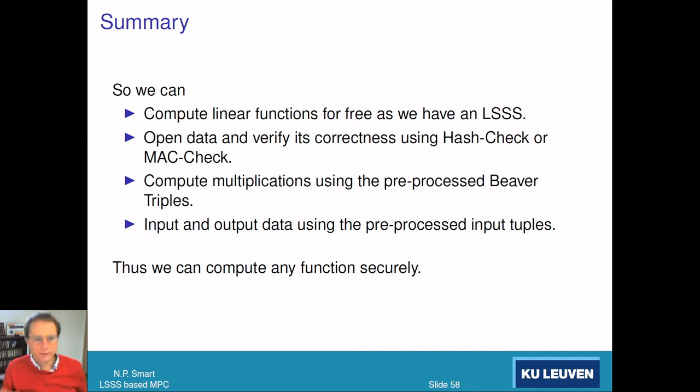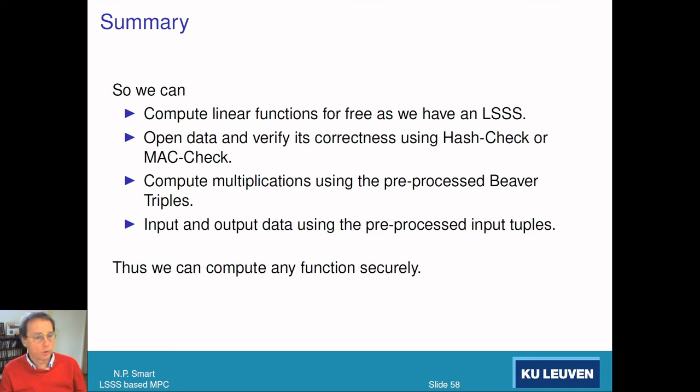So what are the things that we've done? We can compute linear functions for free, as we have a linear secret sharing scheme. We can open data and verify its correctness in all sorts of different efficient ways, using this hash check or the MAC check protocol, depending on whether we're in a Q2 or full threshold access structure.